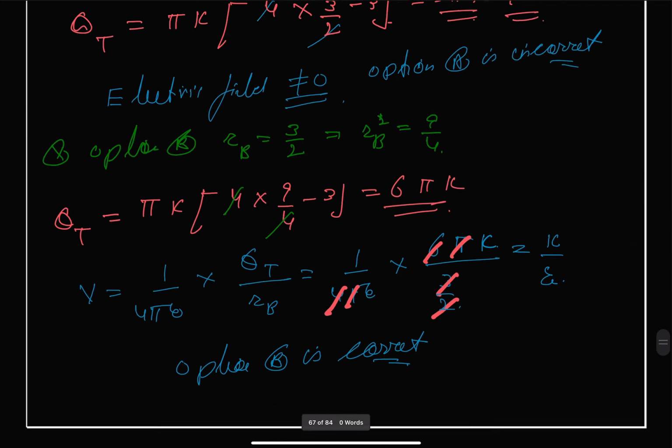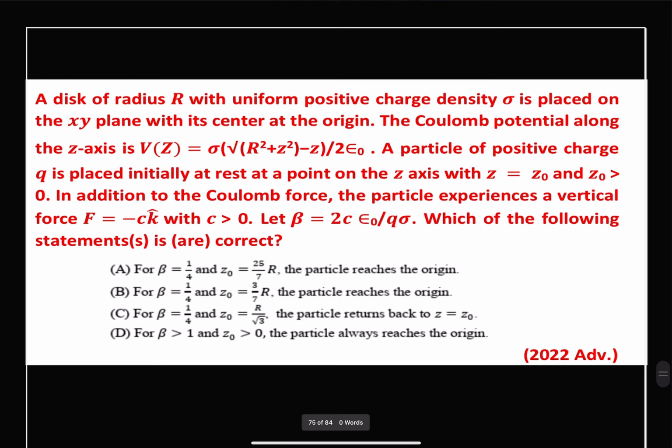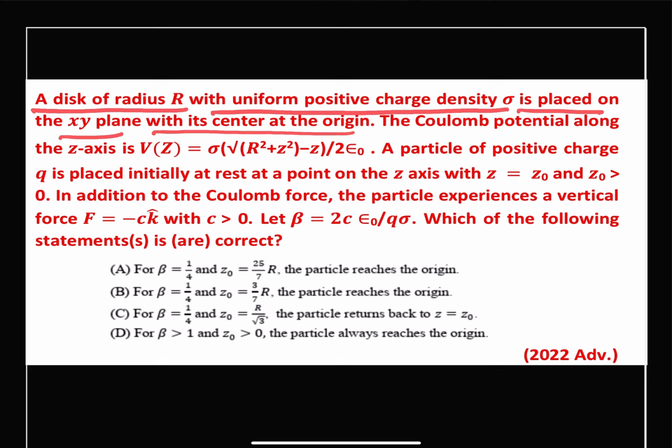Next question. It states that a disk of radius R with a uniform positive charge density sigma is placed on the xy plane with its center at the origin. The Coulomb potential along the z-axis is V(z) equals sigma divided by 2 epsilon naught times (square root of R square plus z square minus z).